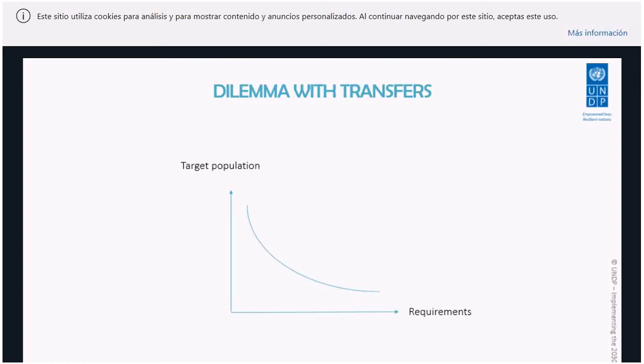So we can say that, I don't know, the level of inequality in a given society is very high, a Gini coefficient of 50%, right?